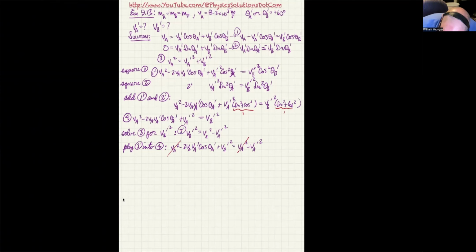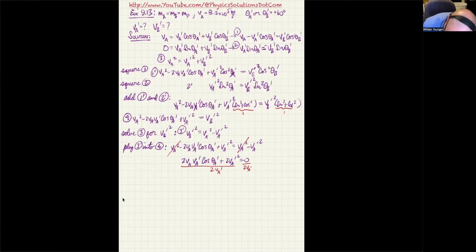And we can also see that the va prime squared can come over to the left hand side from the right hand side. And when I do that, I'm now going to get minus 2 va va prime cosine theta A prime plus 2 va prime squared is equal to 0. There's clearly a common factor of 2 va prime in here. So I'm going to divide both sides by 2 va prime.